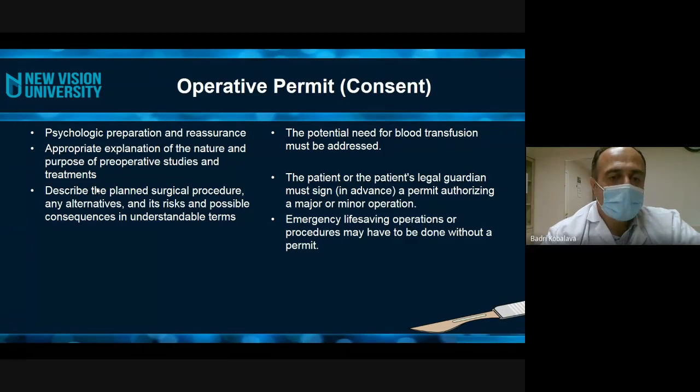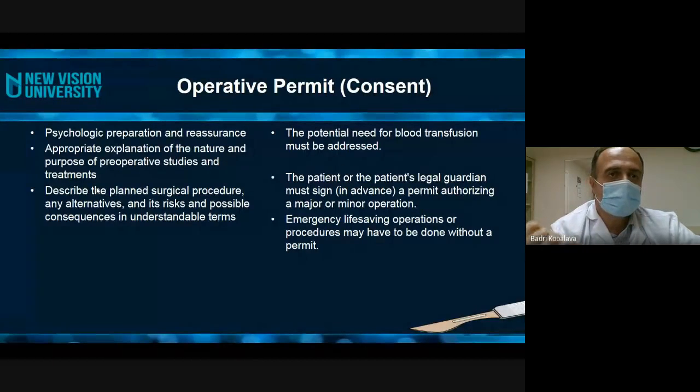You must explain the nature and purpose of preoperative studies and the treatment itself, the surgery itself. You must describe in detail the procedure, the stages of the procedure. Also, it's important to disclose alternative ways of treatment. For example, you are going to operate on a patient because of acute appendicitis, and the methods are different.